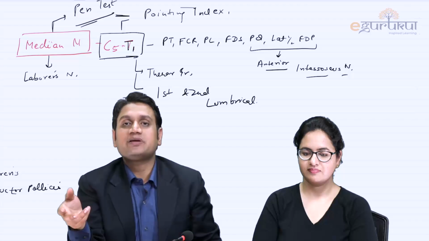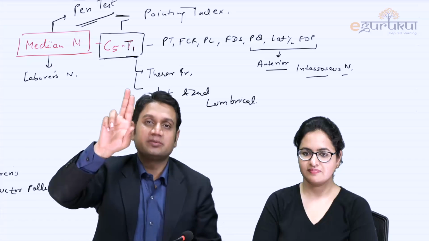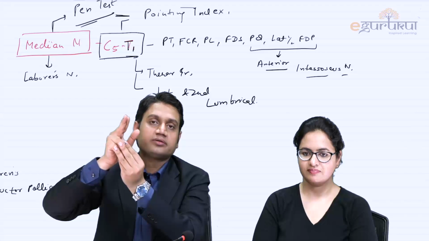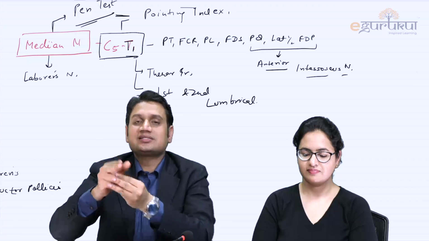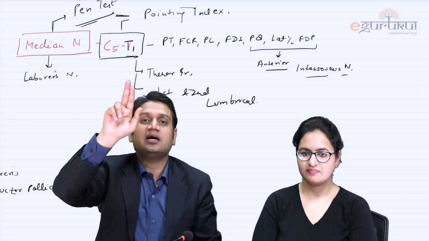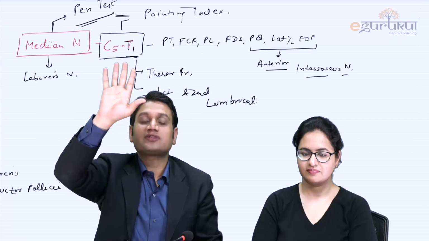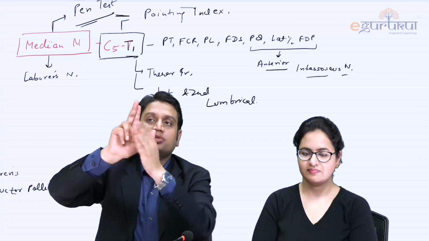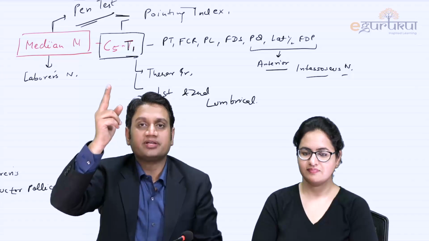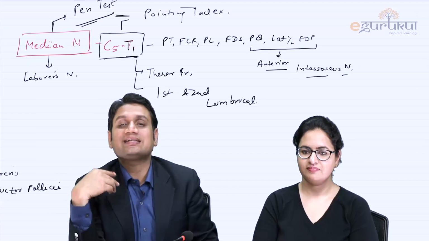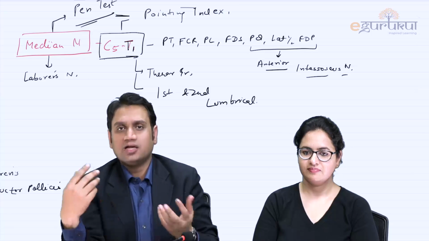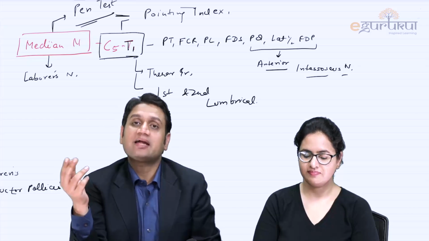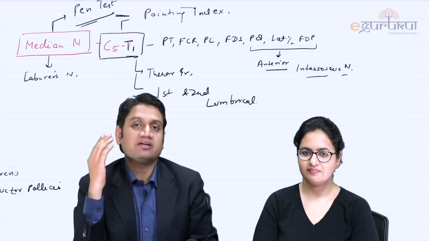Without you asking the patient to do anything, if the deformity is visible, it simply means it's ulnar claw, isn't it? You don't ask anything, just see the hand. If it is like this, it's an ulnar nerve palsy. Ask the patient to flex all the fingers; he's able to do these two, not these two. It's a median nerve injury, right? So one is about clinically examining it, one is about automatically looking at it, right? That is the Benedict hand sign, differentiating ulnar and median nerve injury.